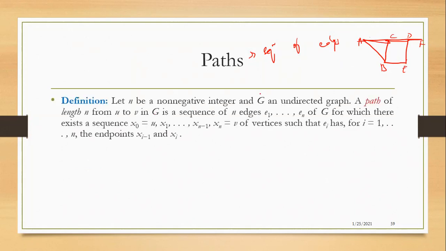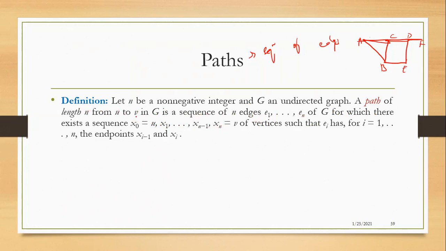Let n be a non-negative integer and G an undirected graph. A path of length n from u to v in G is a sequence of n edges e1 and so on up to en of G, for which there exists a sequence x0 equal to u, x1 and so on up to xn minus 1, xn is the last.